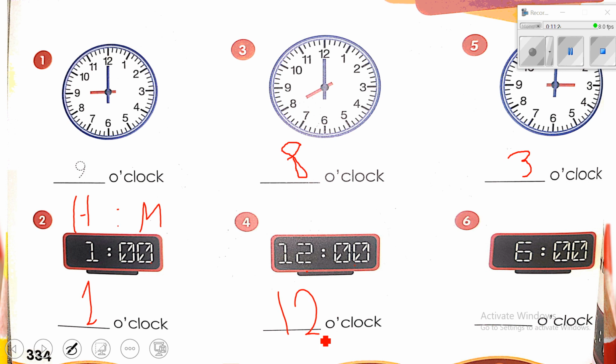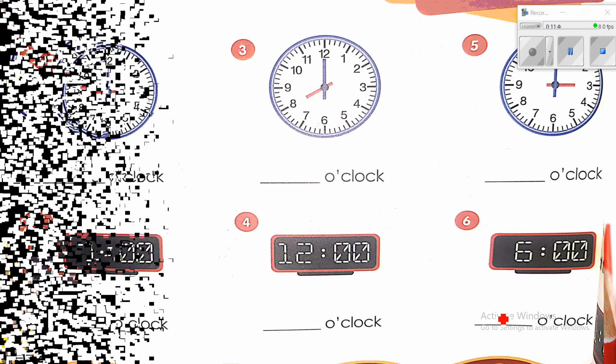Perfect! 12 o'clock. Here is 6 hours 0 minutes. 6 o'clock. Perfect. So remember, when the minute hand is on the 12, it's not 12 minutes. It's 8 o'clock.